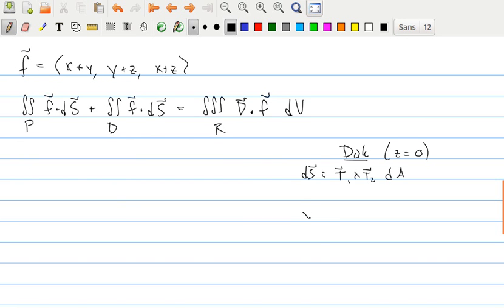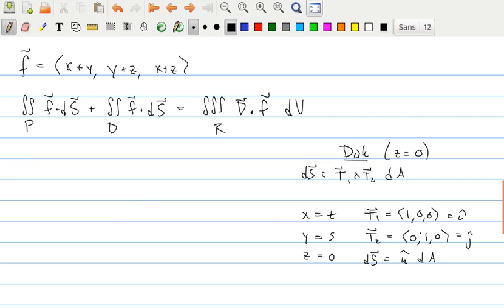So we could say x is t, y is s, z is stuck at 0. Then T1, the partial of our parameterization with respect to t, is (1, 0, 0). If we take the partials with respect to s, we've got (0, 1, 0). And if we cross those two, this is just i, and this is j. I cross j gives us k.